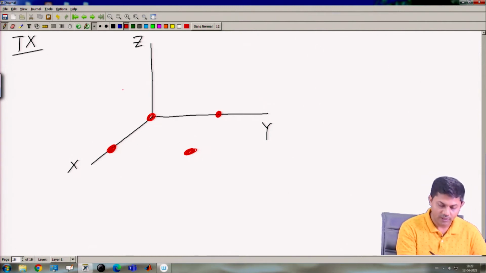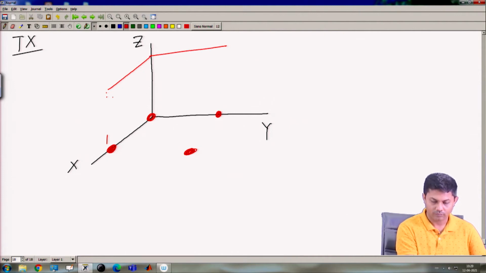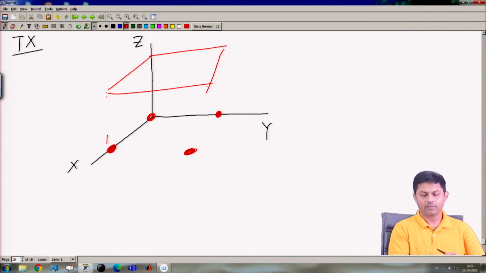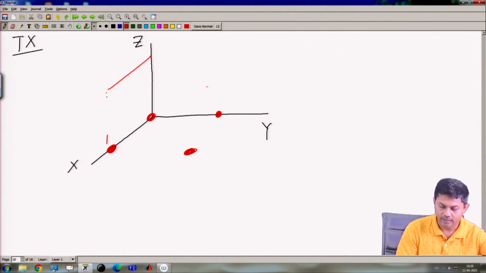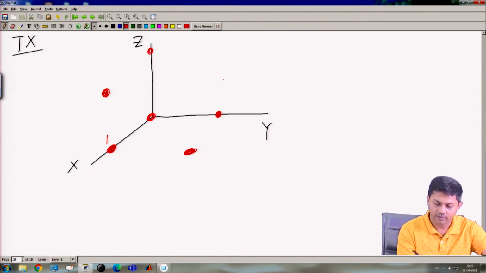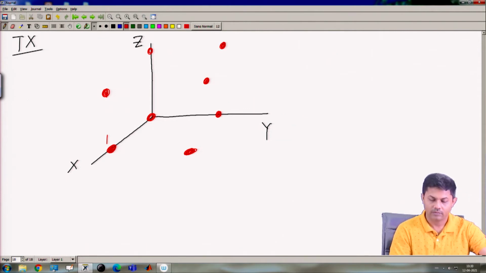I assume that there are antennas here, so probably I will put it this way. Something like that. So, which means that there are antennas like this, one antenna here, one antenna here, one antenna here and one antenna here. Okay.